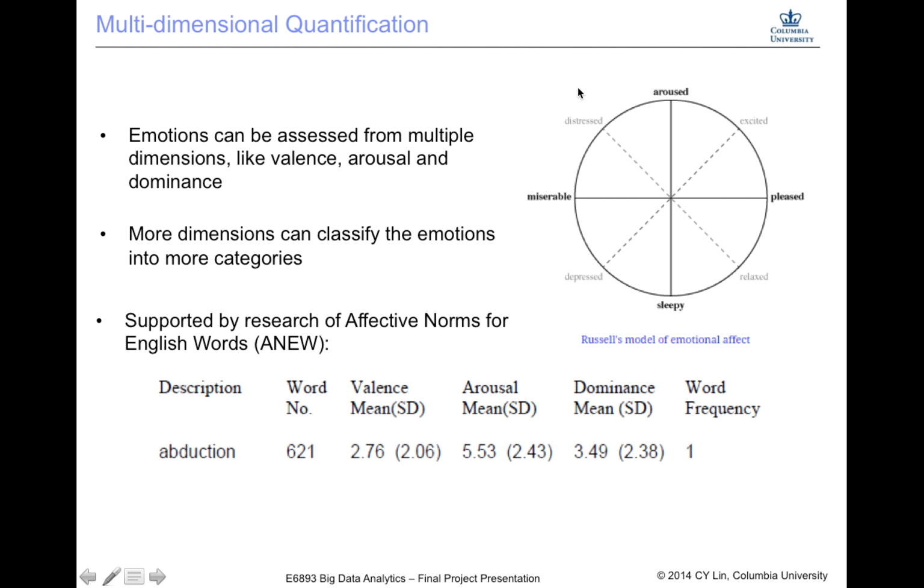From the graph, we can describe the dimensions such as from miserable to pleased, from sleepy to aroused, and that way we could expand it to many other sentiments.